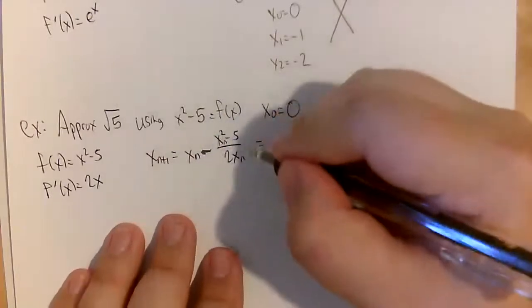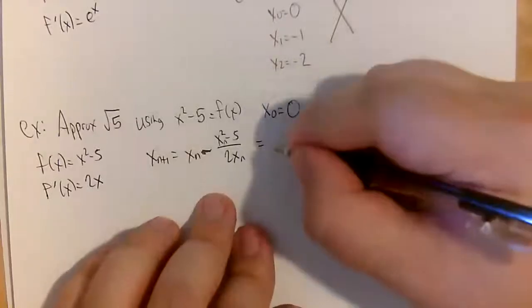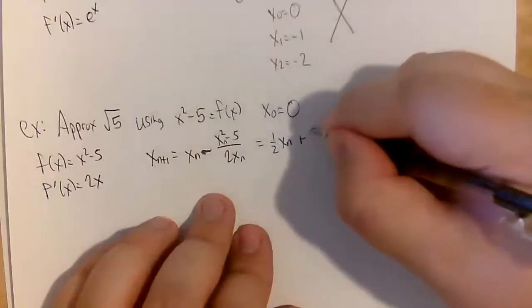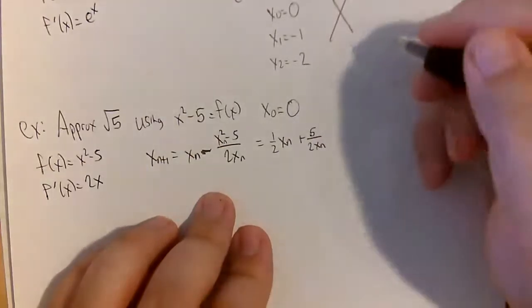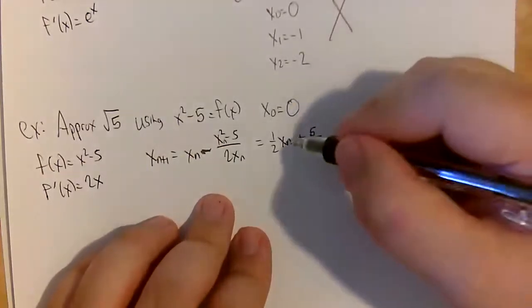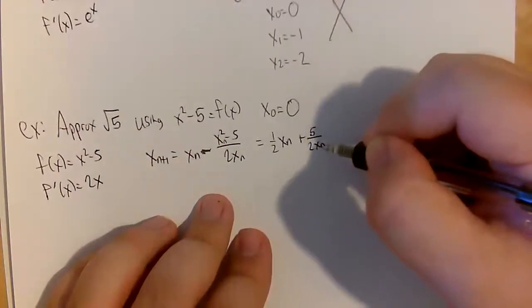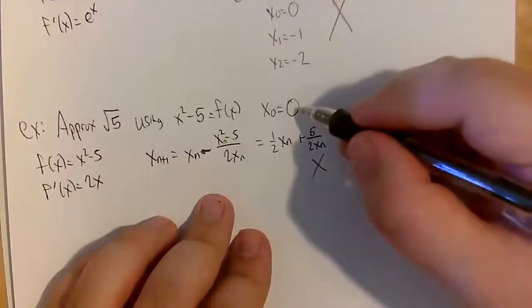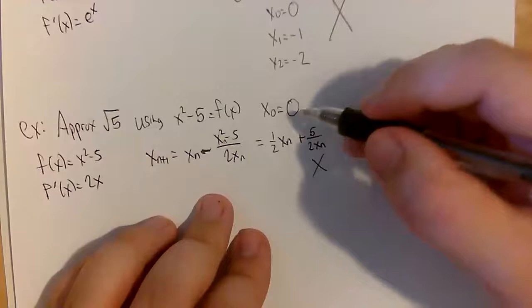So when we simplify this, very similar to the way we simplified the earlier example, we have 1/2 x_n plus 5 over 2x_n. Now, if we plug in x0 here, we would immediately run into a problem where we would be dividing by 0. So we can't use this value as an initial guess.